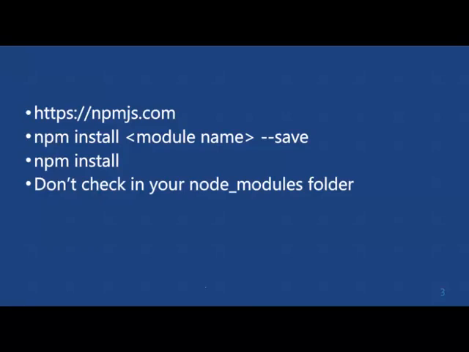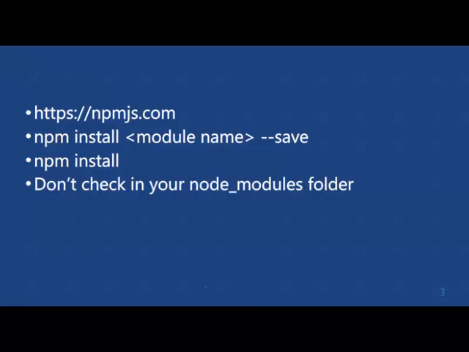And after that, you will be able to restore all those packages using the npm install command without any arguments. And of course, in this case, you do not need to check in your Node modules folder. I will give a more clear example.